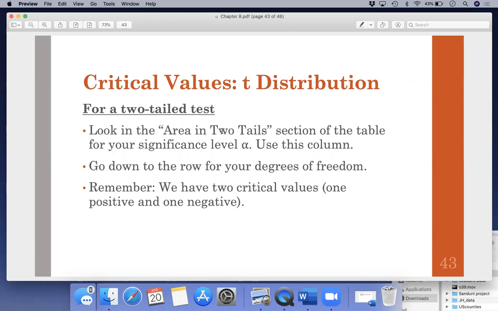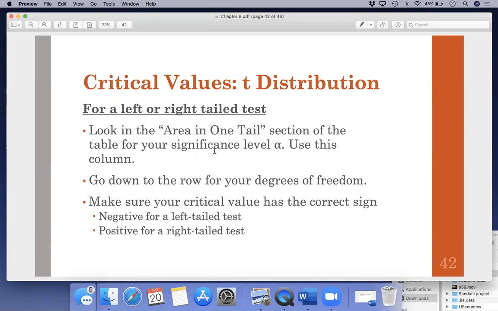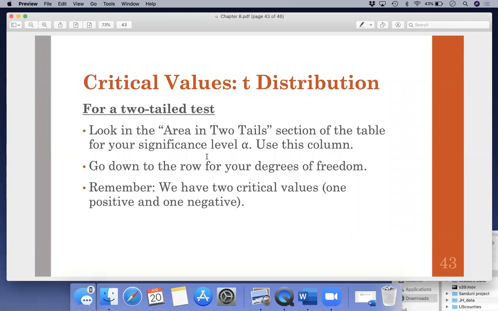According to that, the method of finding the t critical value will be changed. I will use these three examples to explain how we can do that. So we don't need to read these slides, but if you want you can read, slide numbers 42 and 43.